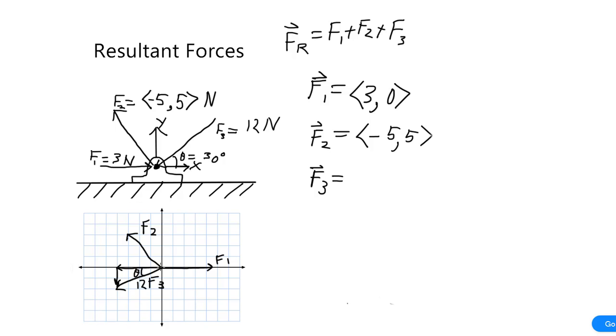The components of F2 were negative 5, 5, but I'm going to get rid of that so it's not so cluttered. Really, F3 is going to be headed in the negative x direction and the negative y direction. So for right now I'm just going to write down negative x, negative y.